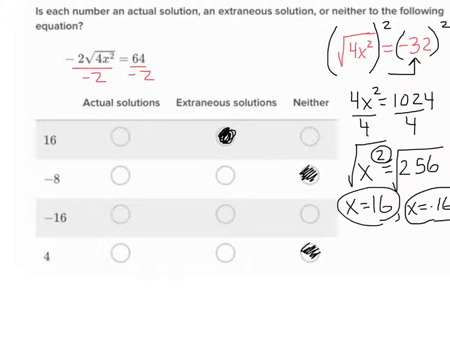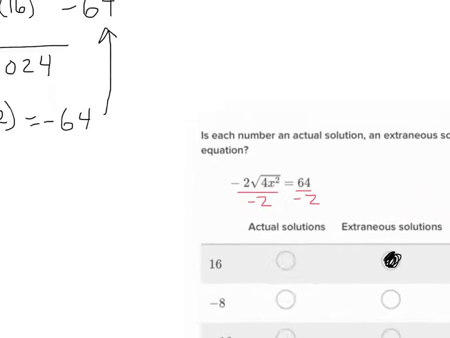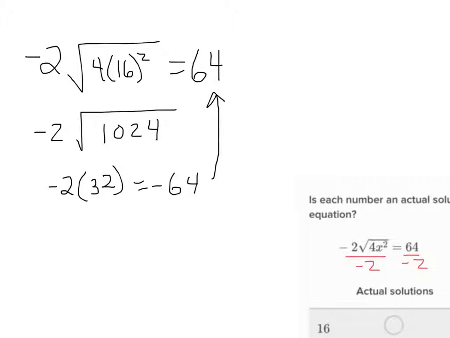Let's plug -16 in. Okay, so where am I going to plug -16? In for x, so I've got -2 times the square root of 4 parentheses -16 squared, and that has to equal 64. And so -16 squared is 256.